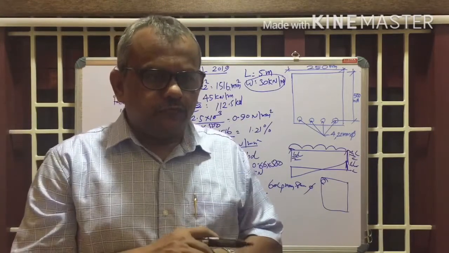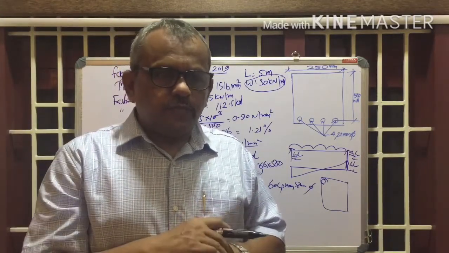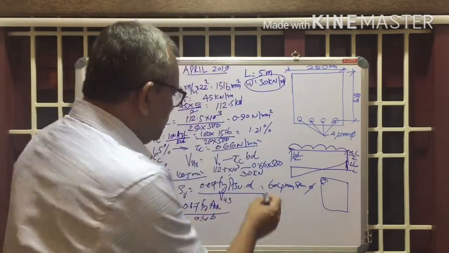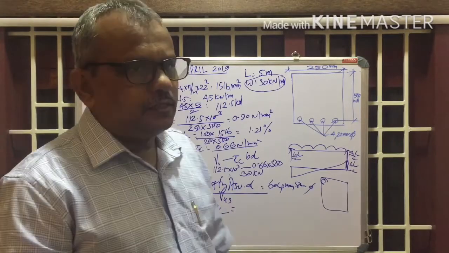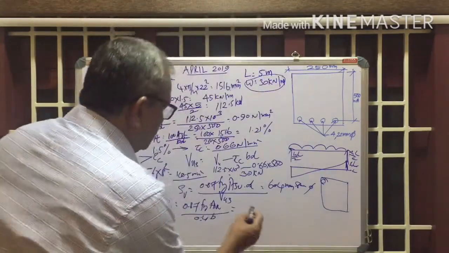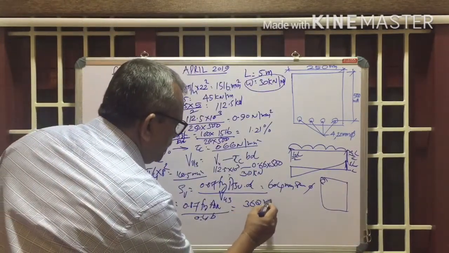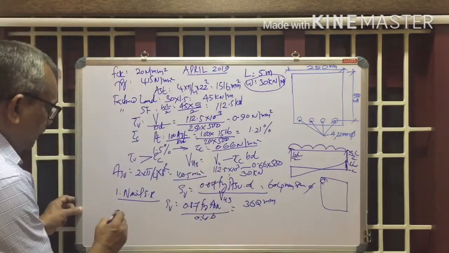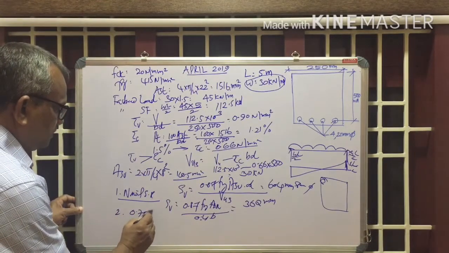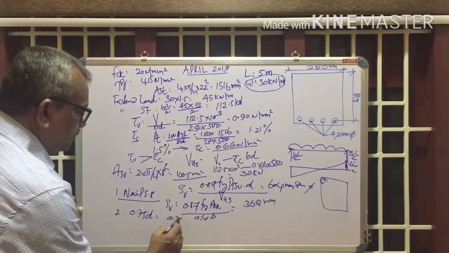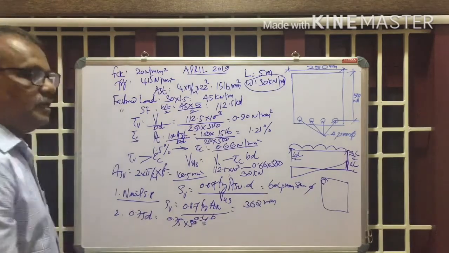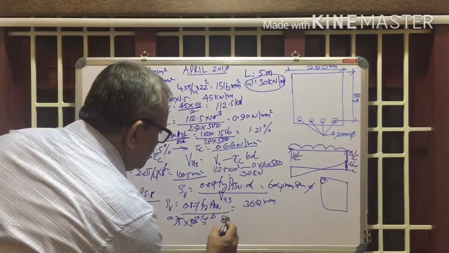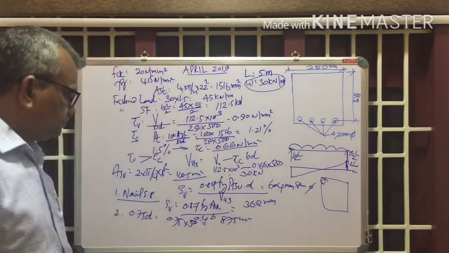This is the spacing for the nominal shear reinforcement. When you substitute all the values, you will get approximately 362 mm as the spacing. Then number 2, we have to check 0.75D as per the code. 0.75 into 500 is equal to how much?